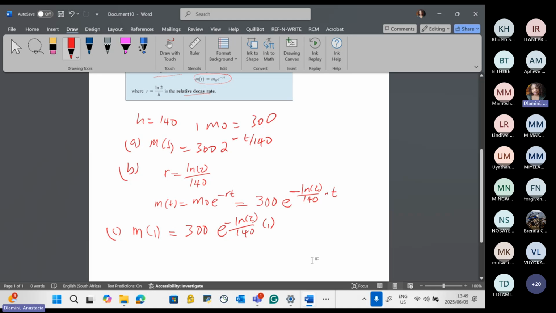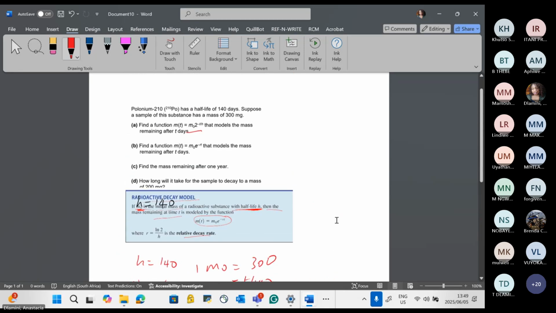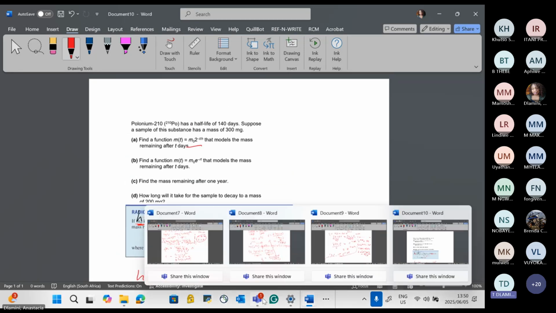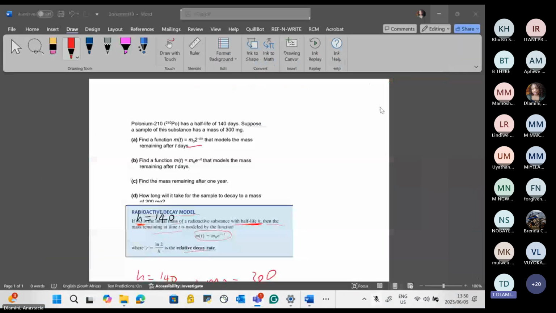Discuss number C. Wait, guys, when it comes to these ones, we're not supposed to convert the years like we were converting them when doing other calculations. For B, they say that T is in days, meaning that we can't use 1.